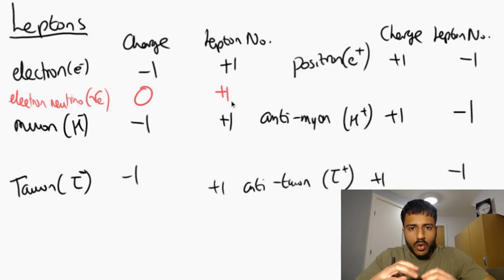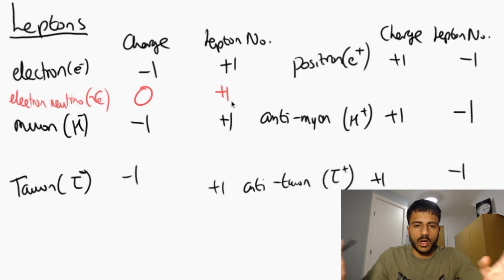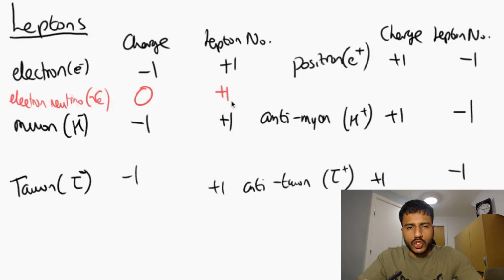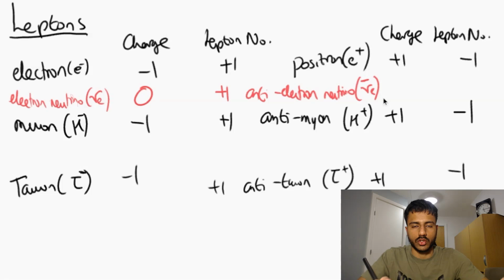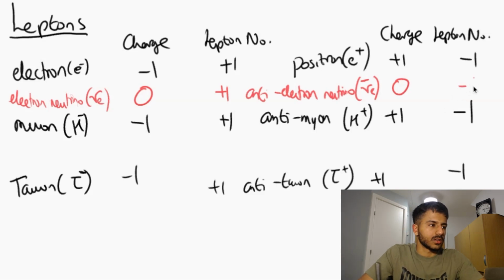And just like all the other subatomic particles that we've covered, the electron neutrino also has an antiparticle, and this is called the anti-electron neutrino. It's the exact same symbol, except it will have a little line on top to denote that it's an anti-electron neutrino. And it will have a charge of 0, because that's opposite to 0, and a lepton number of -1.